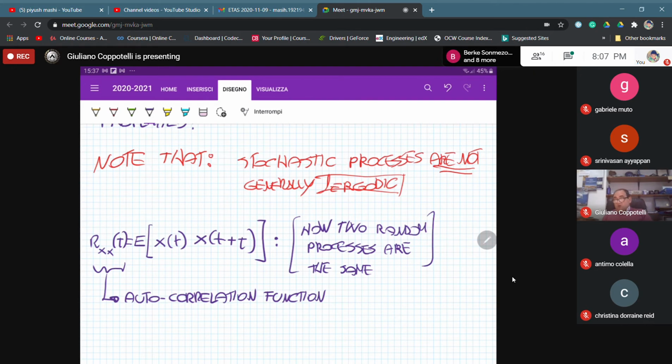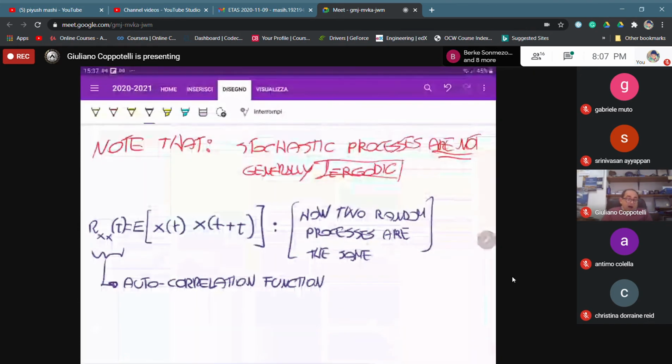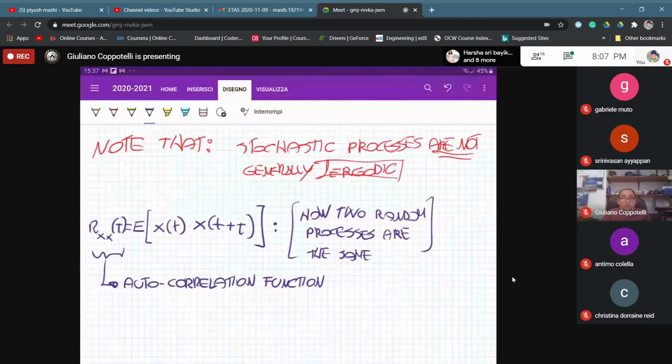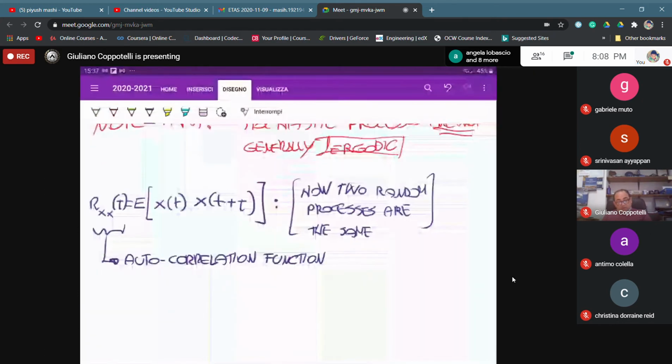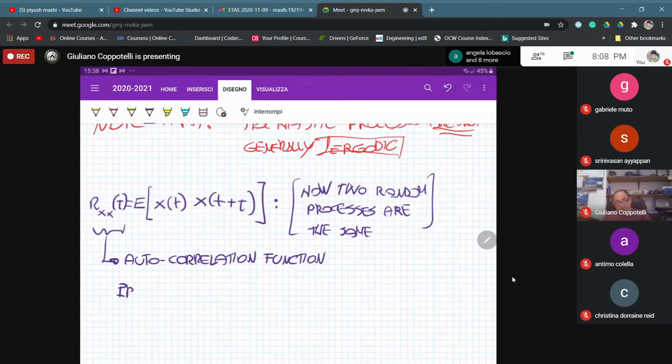This autocorrelation function tells me how far or how close two events x of t are when there is a time shift tau. We can prove two important properties of this autocorrelation function.